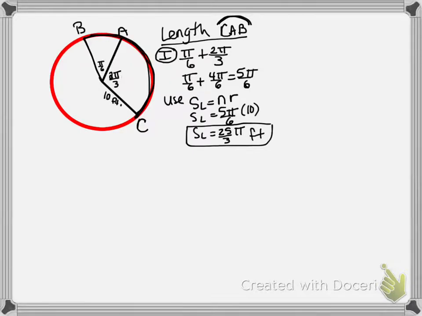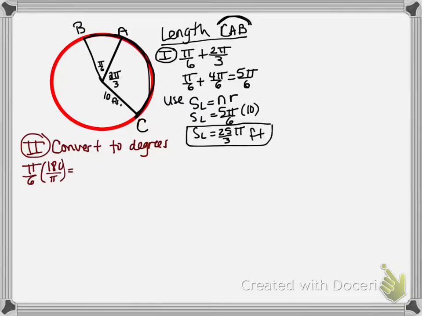Another method, I'll use a different color, is to find what each angle is, so maybe convert to degrees if you prefer. Reviewing how to convert to degrees, what you want goes on top. So pi over 6 times 180 over pi is going to be 30 degrees.